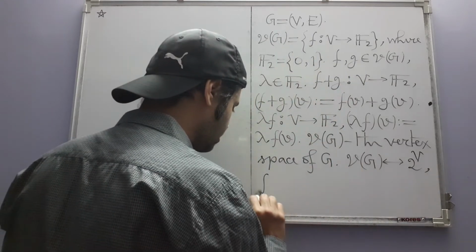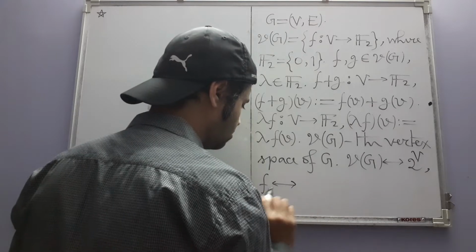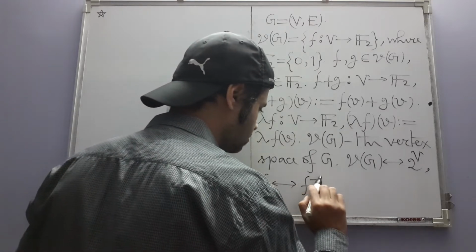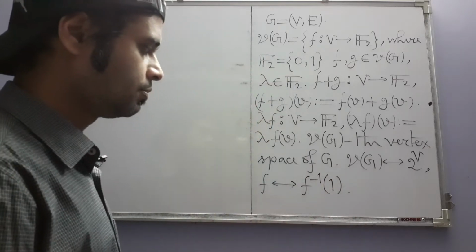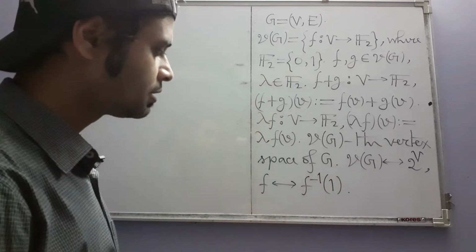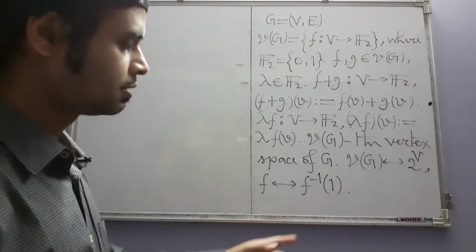Say you take an element f from here, you make this correspond with this f inverse of 1, the inverse image of 1 under f. Does it make sense?